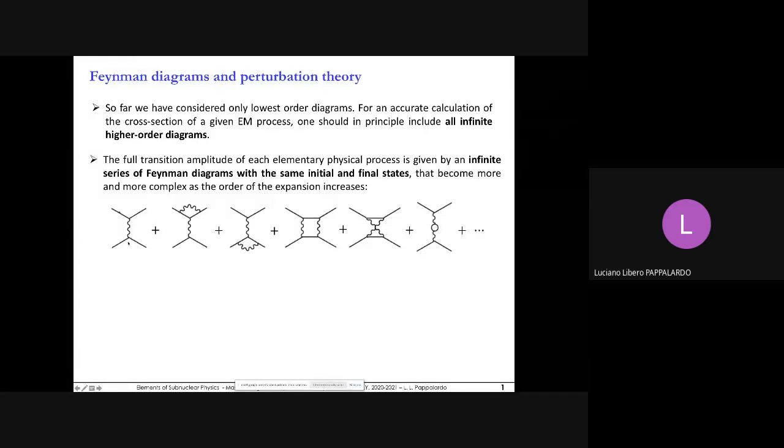Then you might consider also more complicated diagrams, okay, which have, as you can see, loops inside, which, of course, correspond to higher order terms in the perturbation expansion. Okay, of course, these are more complicated processes and also less probable processes for the reason that we will understand in a moment.